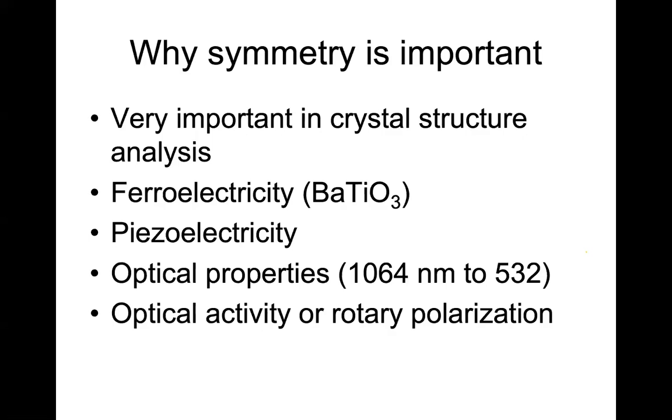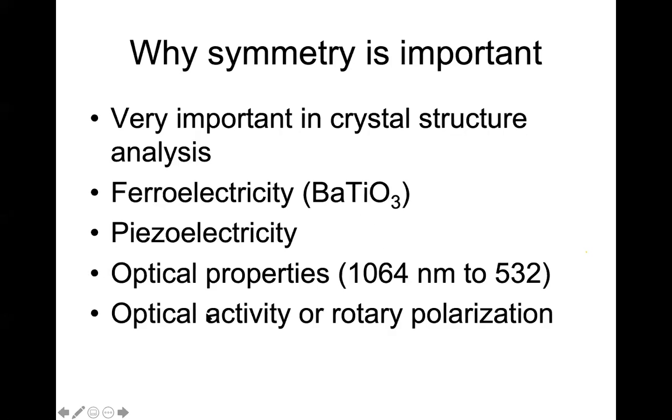There are various materials. There can be a ferroelectric material, there can be a piezoelectric material. Particularly barium titanate shows ferroelectricity, piezoelectricity, and optical properties, the frequency doubling property, due to the non-centrosymmetry of this crystal.